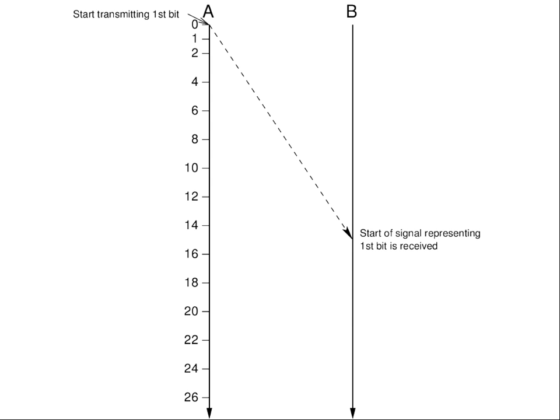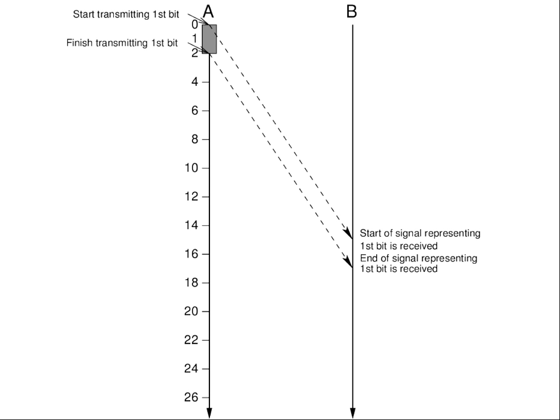But in fact, A is transmitting not just at one instant, but continuously, transmitting the entire bit. So it's transmitting the bit for, in fact, 2 microseconds. We can think that, therefore, the last signal representing the end of that bit will be received at time 17.